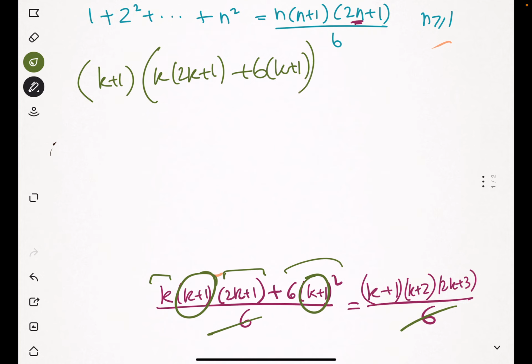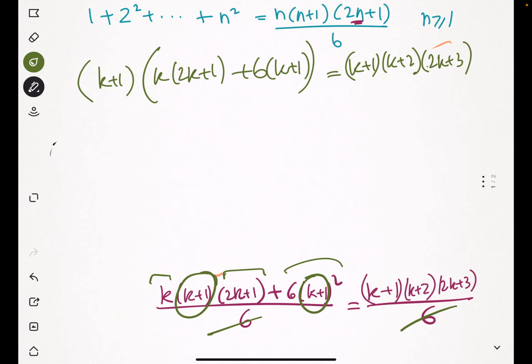So that is by taking k plus 1 as a common factor from these two terms. And on the other side, for the moment, I leave it as it is, just copying the same, k plus 1, k plus 2, 2k plus 3.